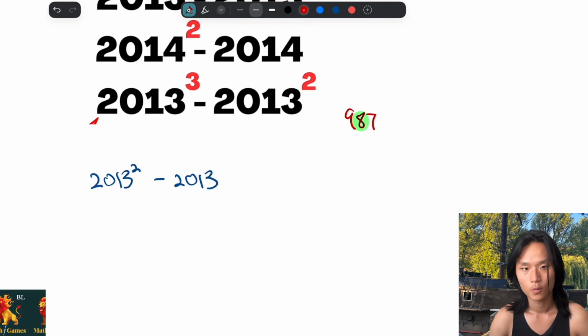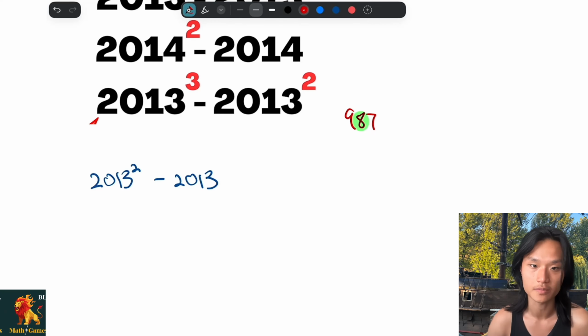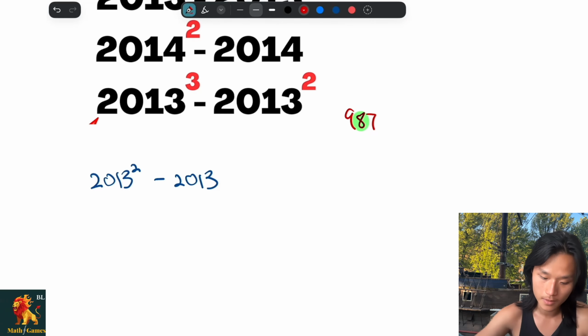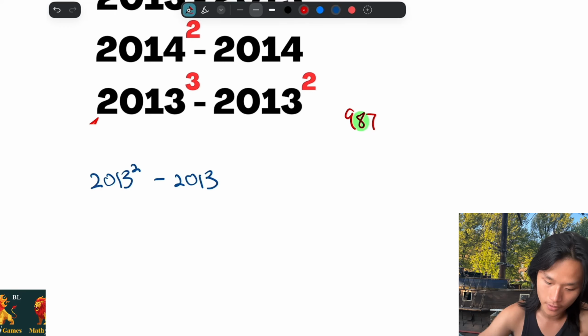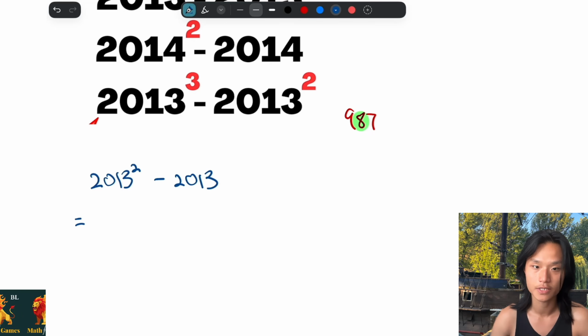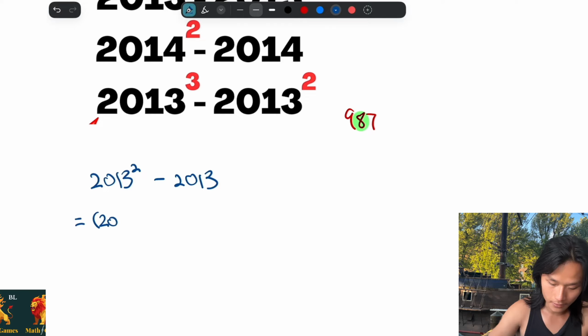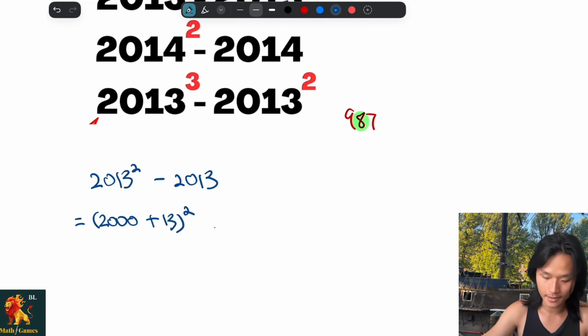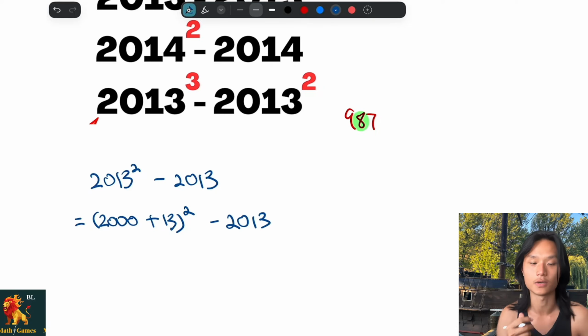Now, one way we can do this is to simply calculate the expression, but that would be too long. Instead, I want to show you a trick. That is, we write 2013 as (2000 plus 13) squared and then minus 2013, okay?